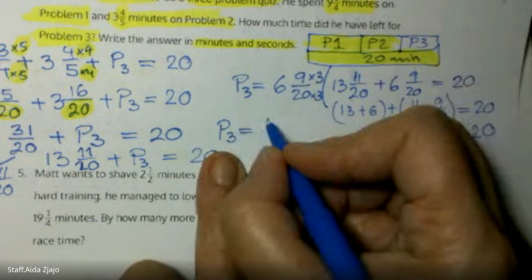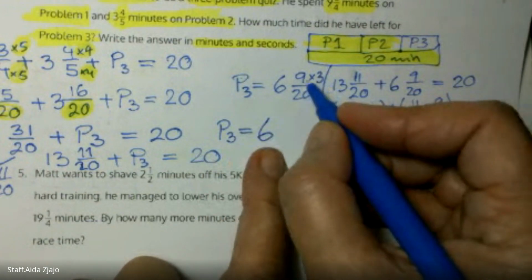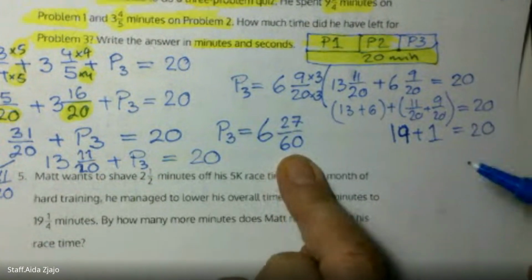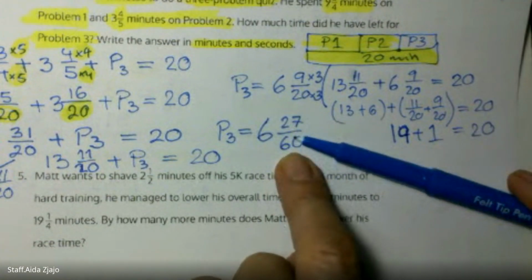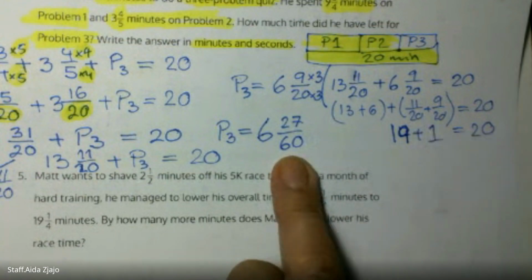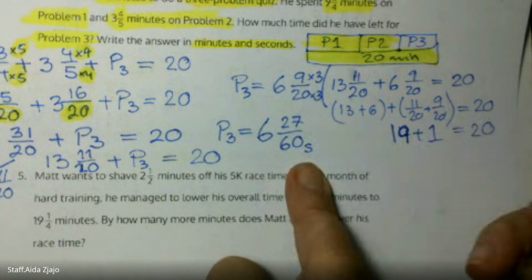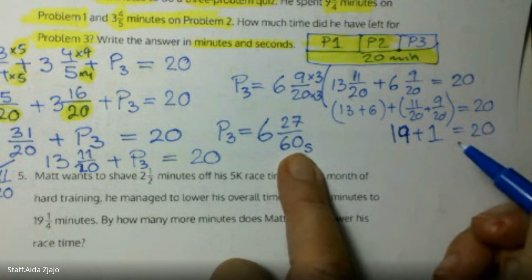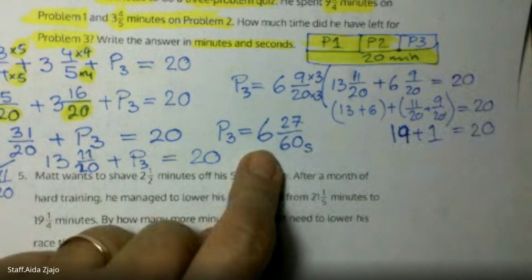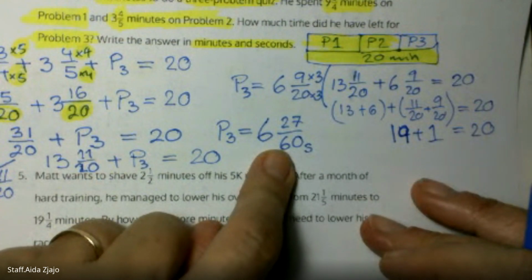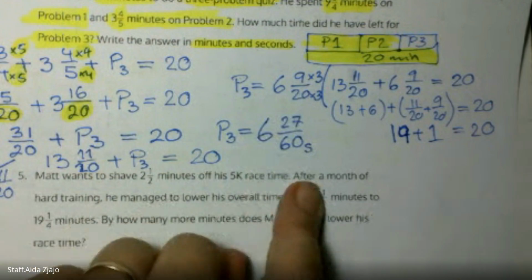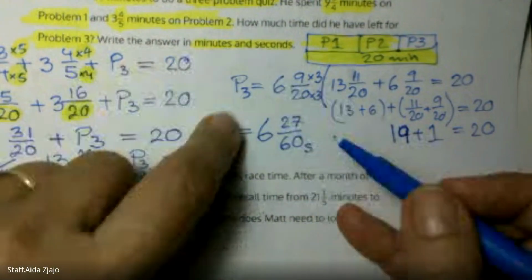So it would be 6 minutes and 3 times 9 is 27 60ths. That tells you this is 27 seconds out of a minute, because 60 seconds is the next minute. So he has 6 whole minutes and 27 seconds. So write the answer in minutes and seconds.